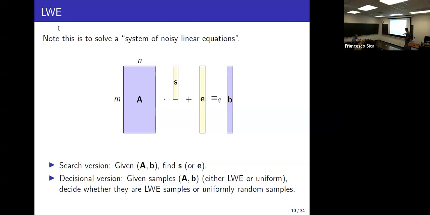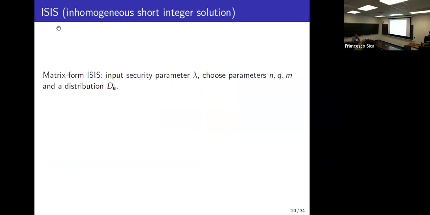Given samples A and B, we don't know whether they are genuine LWE samples or truly uniform random samples over the underlying field, and the task is to distinguish which. The decisional version looks a little strange, but it's quite useful in proofs because it's very easy to simulate.